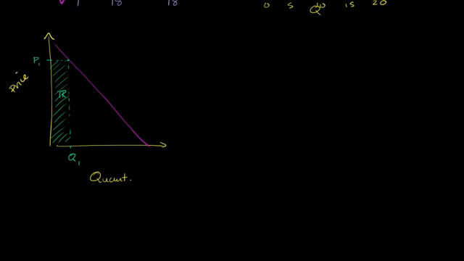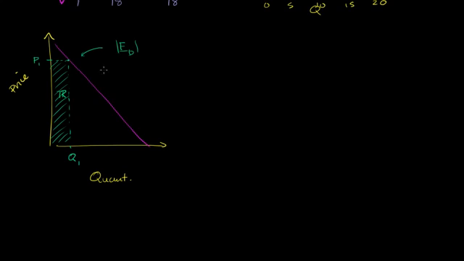Now let's assume in this part of the curve that the price elasticity of demand is greater than 1. So we are elastic. So let me write this. So the elasticity of demand, actually I should say the absolute value of the elasticity of demand.